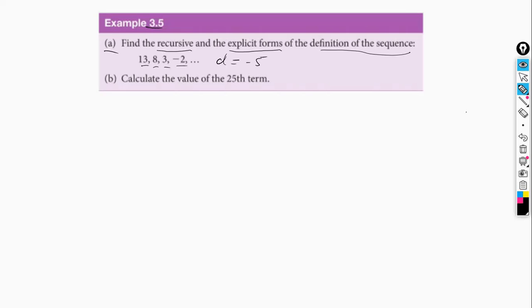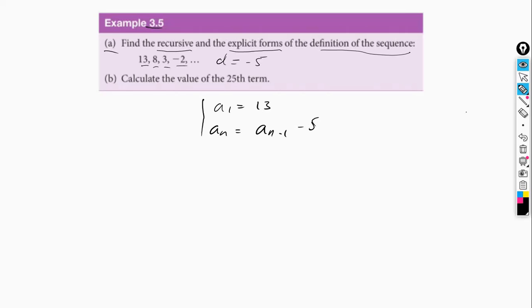The recursive way of saying this is: the first term is 13, and the nth term is the previous term minus 5. That would be the recursive form of the definition of the sequence.